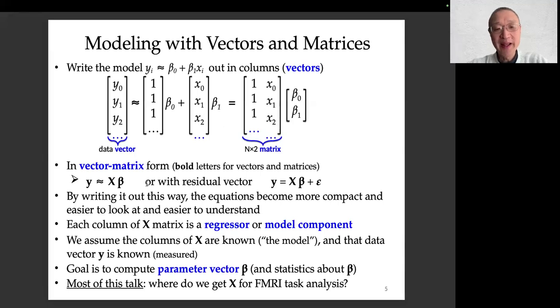Once we write this, we can express the model in matrix format as y equals X times beta. So y is the vector of the response variable. X we usually call the design matrix. A more general term is model matrix. But for fMRI, we call it a design matrix because we can largely manipulate that matrix.